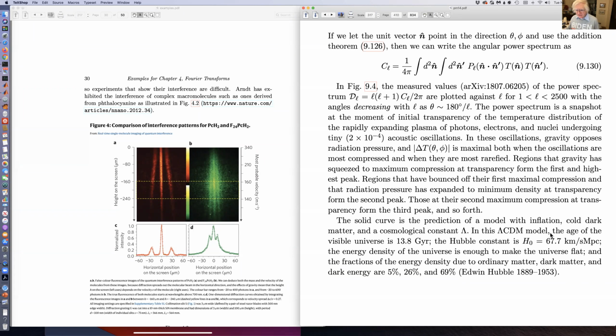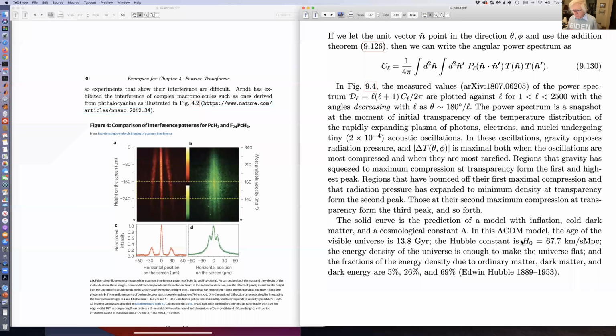Anyhow, the picture here is that the visible universe is 13.8 gigayears, or billion years, old. That is, since the Big Bang. And if your cosmology is a bouncing universe, then it's just since the last bounce.